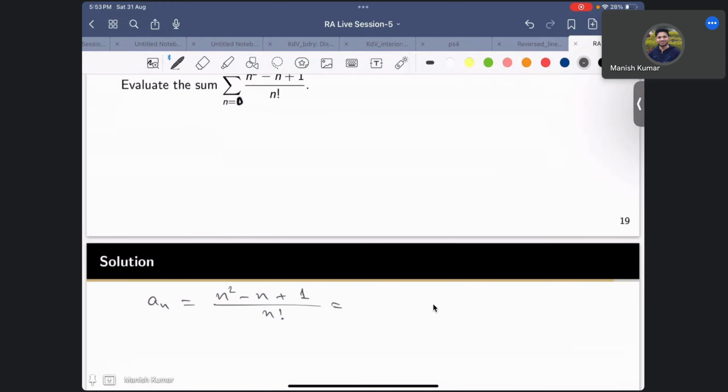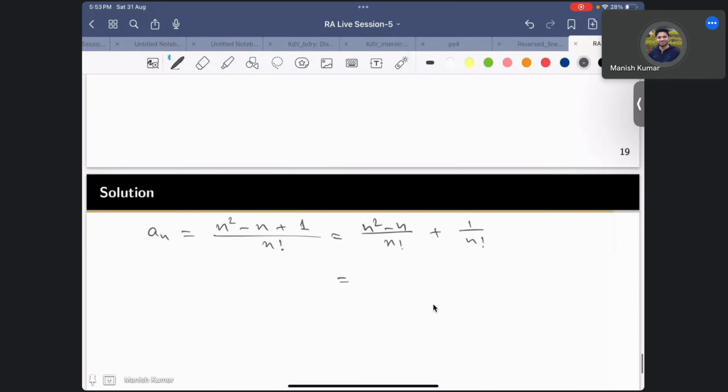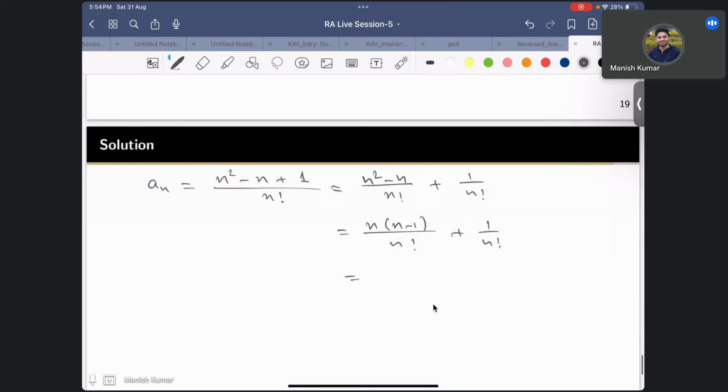Here you don't have that product, so it's very easy: just distribute n factorial, and you can write n square minus n upon n factorial plus 1 by n factorial. Now n square minus n is n into n minus 1, so this is nothing but 1 upon (n minus 2) factorial.